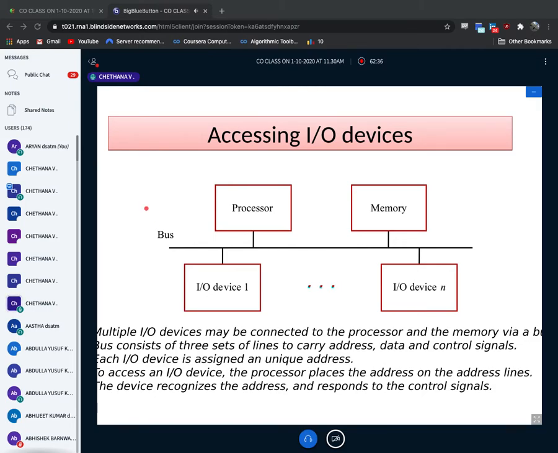Sometimes whenever I require, the i-th instruction is something like printf A. Like that, the second statement is printf B. So I have an instruction like this, print A and print B.